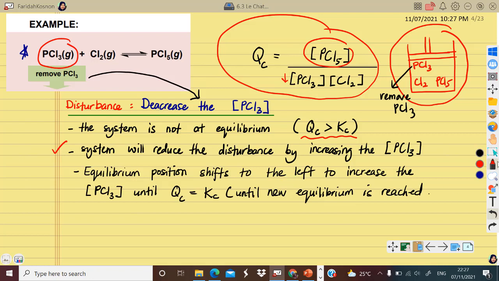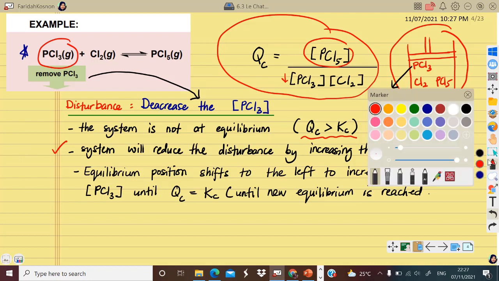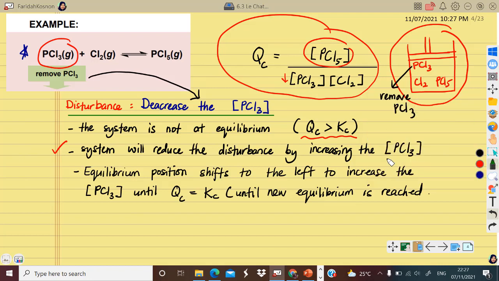So now, how does the system replace the concentration of PCl3 that has decreased? Since this is a reversible reaction that can occur in both directions, the reverse reaction is favorable. This means the reverse reaction will tend to occur in order to increase the concentration of the PCl3 that decreased earlier. So the equilibrium position shifts to the left to increase the concentration of PCl3 until Qc equals Kc. When Qc equals Kc, it shows that a new equilibrium is reached.